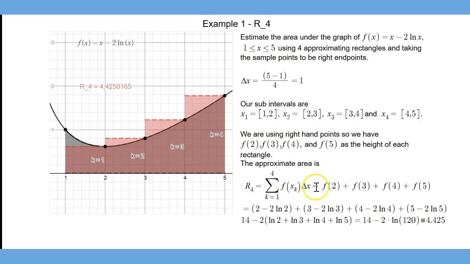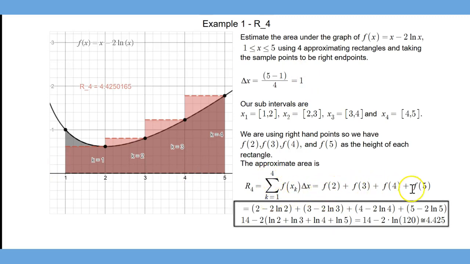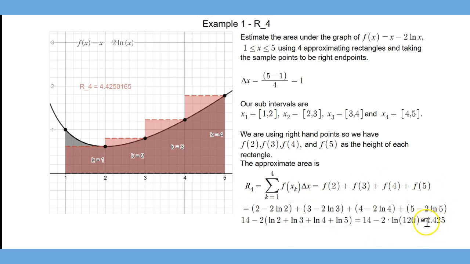And since the width is 1 for each of these rectangles, all I really need to do is add up those function values, and I get approximately 4.425. You can see that it's an overestimate, we can see that we have more left over here. This rectangle is actually an underestimate, but these other 3 are overestimates.